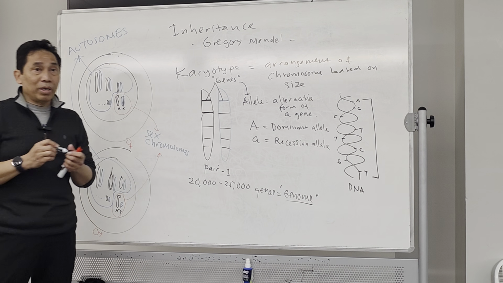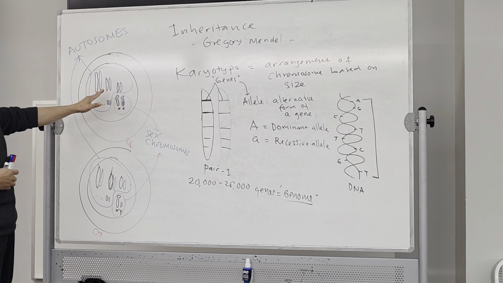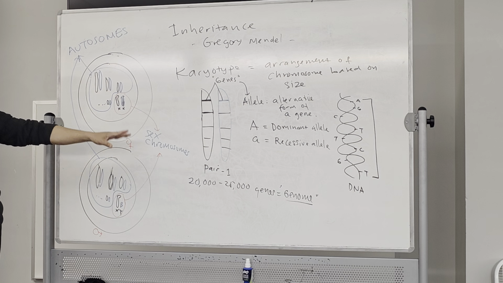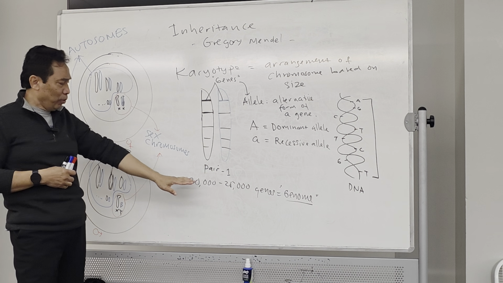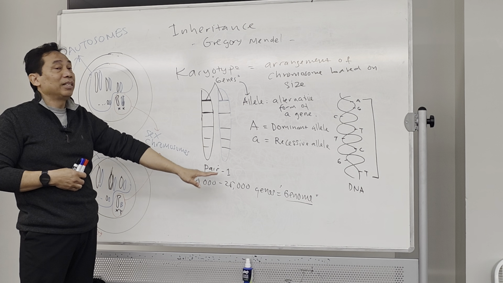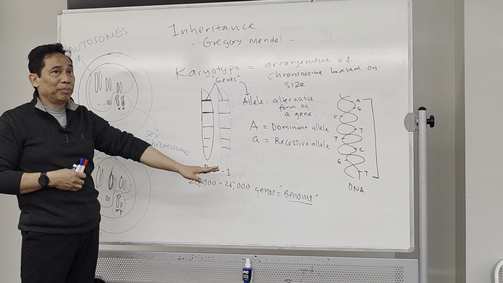The genome is the total number of genes in an individual, in one person. It comes from all these 46 chromosomes. So 46 chromosomes carry this number of genes, 20,000 to 25,000. Again, the total number of genes in an individual is called the genome.